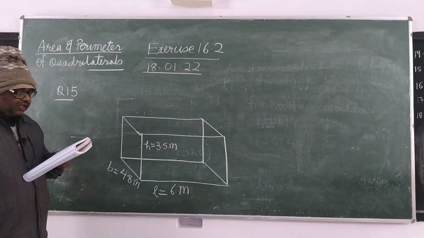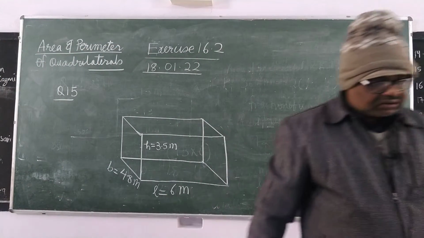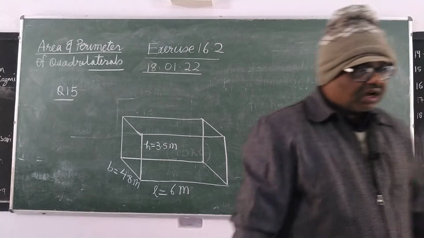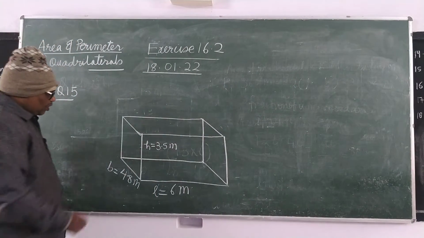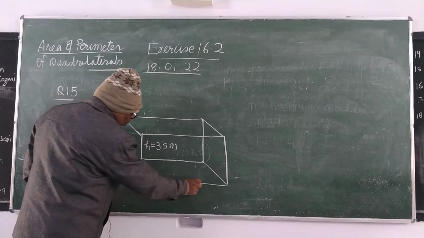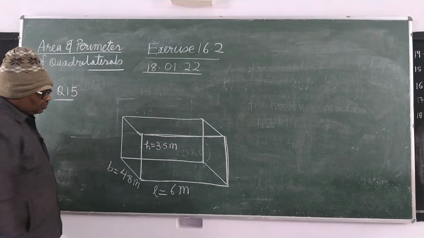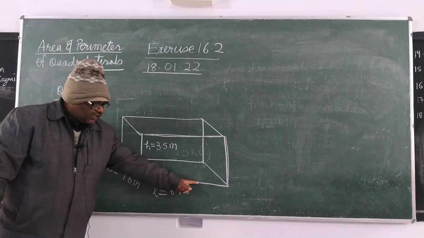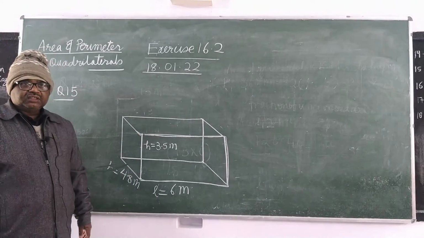You have to find the inner surface area of 4 walls. So see here, what are the walls here? So one wall is this. This is one wall. It's clear. What will be its area? So you see here, here it is length and here it is h. L into h.